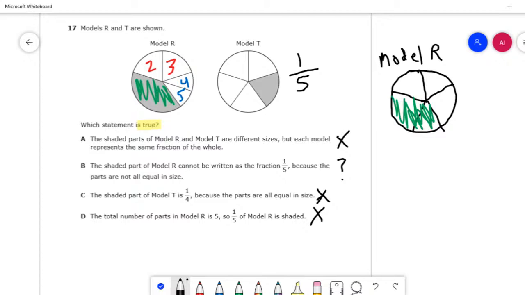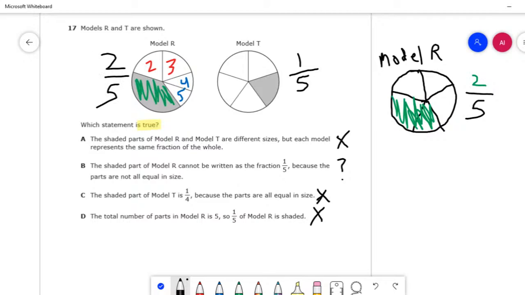So just from doing that, we can see, if we were to say how many parts there are over the whole, we have 2 shaded parts out of 5 total parts. When we split into equal parts, we can see that the fraction represented by model R is actually 2/5.